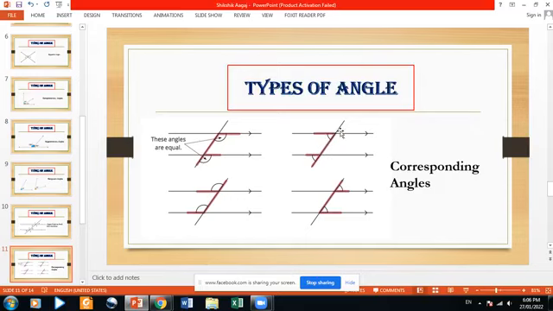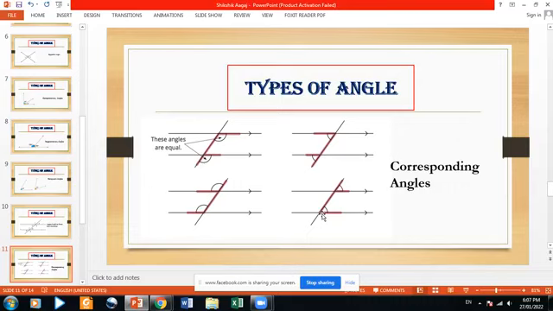Okay, so the left side of the transversal and below the parallel lines, there is again a pair which is corresponding angles. And the last one, the right-hand side of the transversal and the upper side of the parallel lines, they are also corresponding angles.